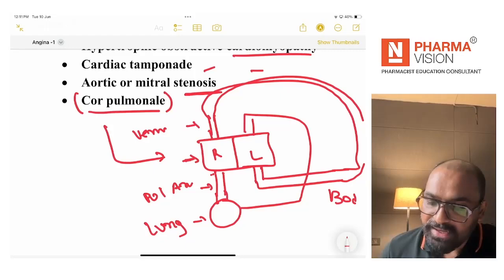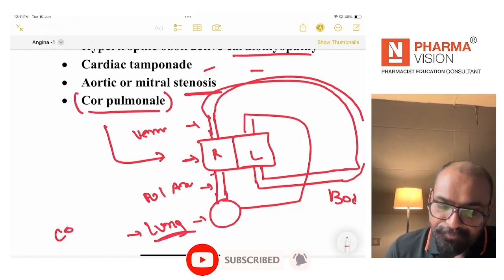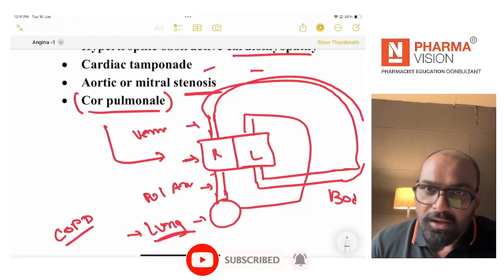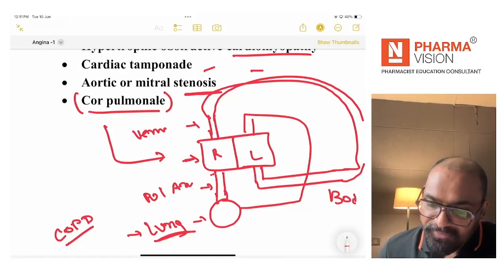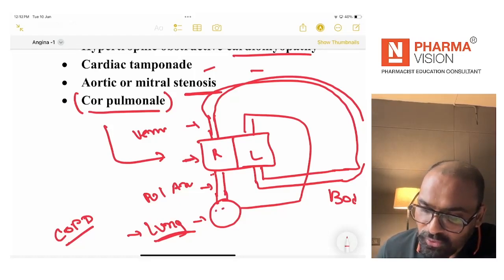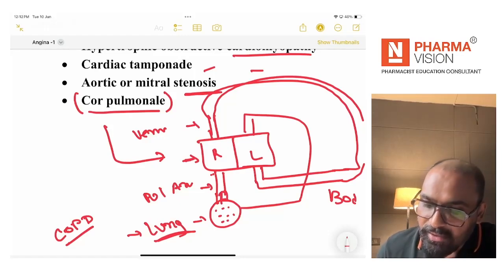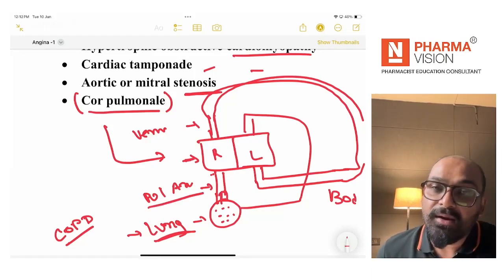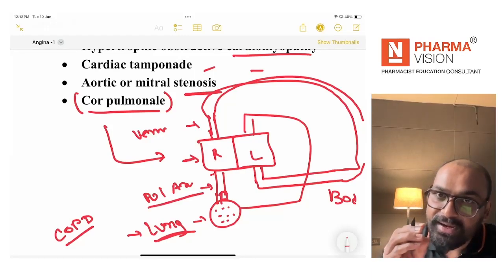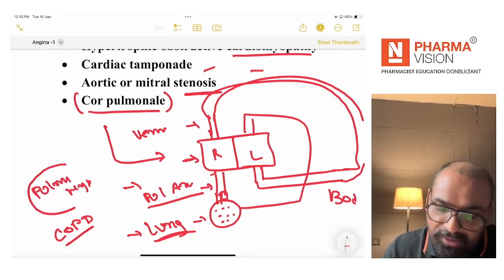If the patient has a problem in the lungs like COPD, if the patient is suffering from obstructive lung disorders, these disorders exert back pressure. That means the pulmonary artery is getting more pressure, so these kinds of patients develop pulmonary hypertension. This is one point.